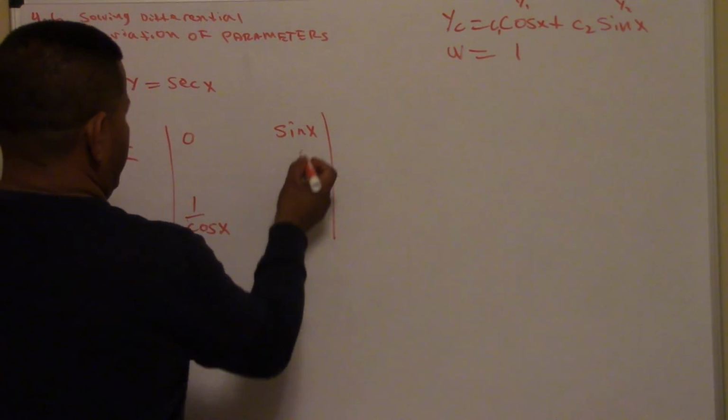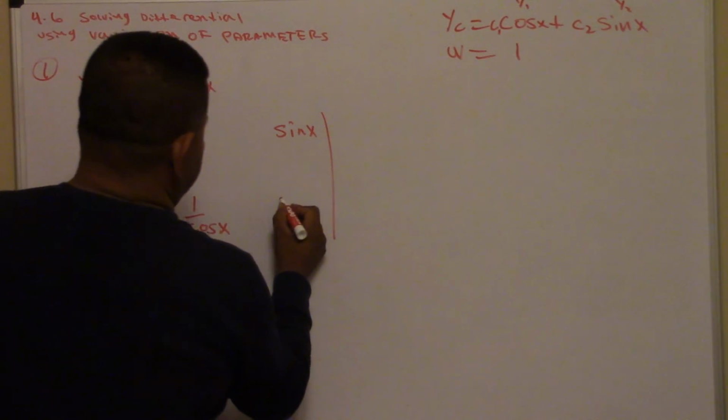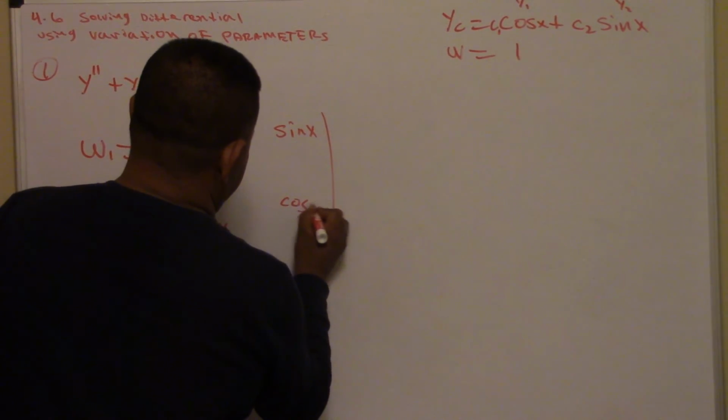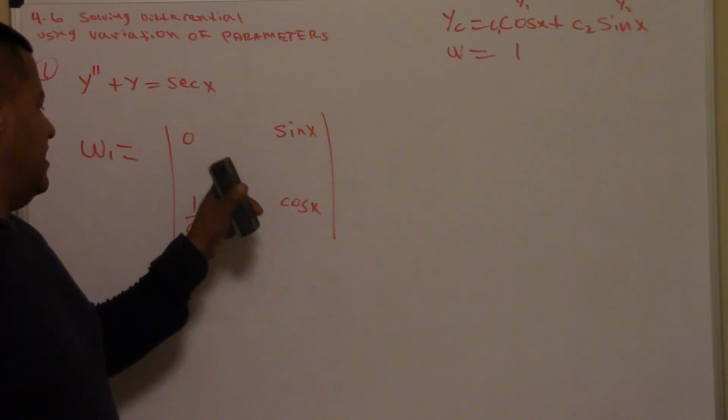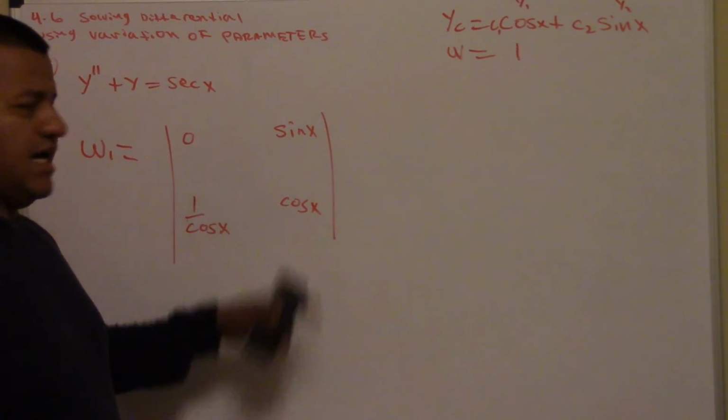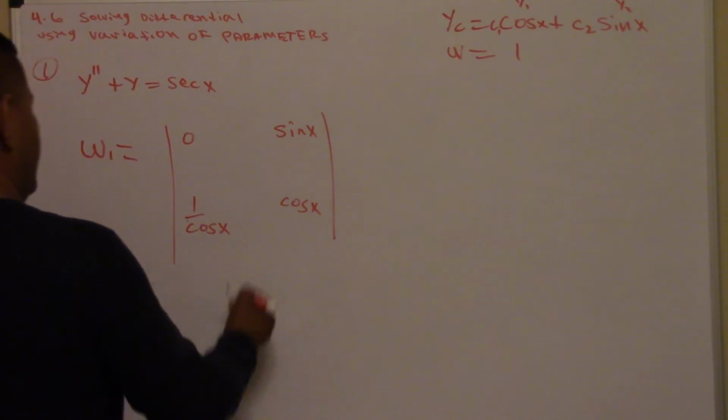And then, what is the derivative of sine? It is cosine, right? But again, it doesn't really matter because 0 times cosine is 0, right?